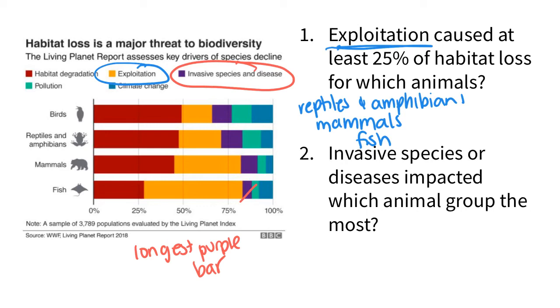So this is a short purple bar. This one's pretty short. And these two both look pretty long. And then you have to make an educated decision which one you think looks longer. And I think the reptiles and amphibians looks longer. So I am going to say reptiles and amphibians were most impacted by invasive species or disease.